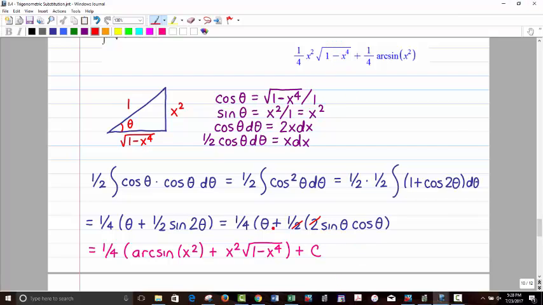So then you end up with using the identity for sine 2 theta, 2 sine theta cos theta. So we already have sine and cosine right there. It's x squared and the square root of 1 minus x to the 4th.